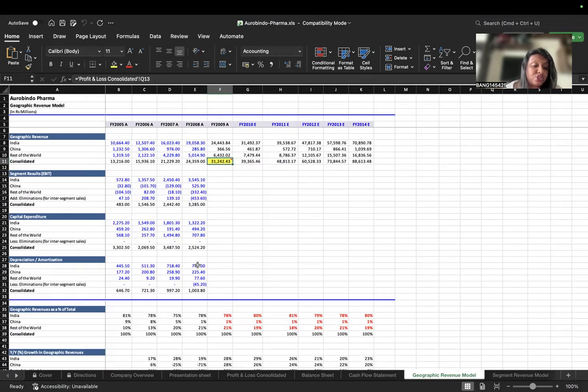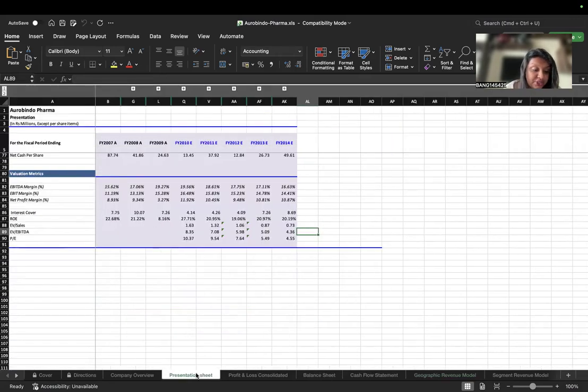But also note that the rest of the world is rupees 16,837 million. So the model is assuming successful execution of both domestic as well as international growth strategies. Okay, so now I'll return to the presentation sheet.